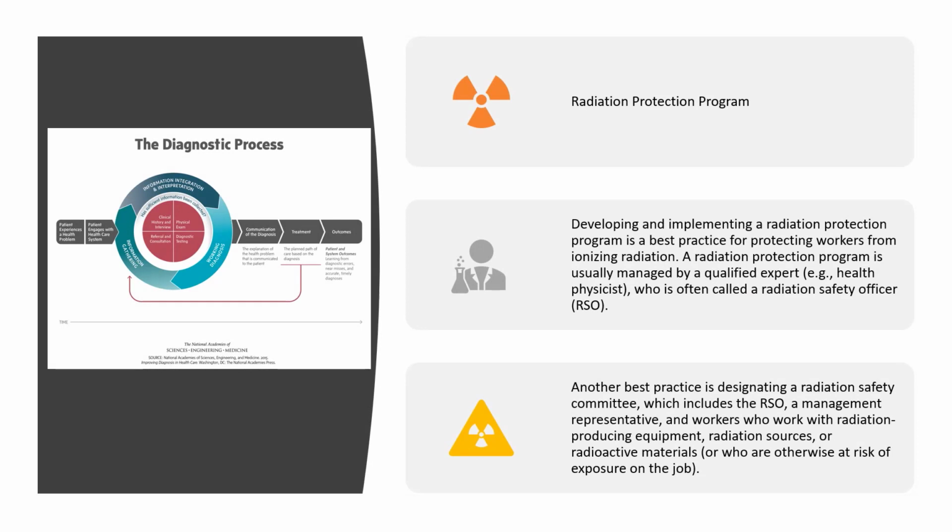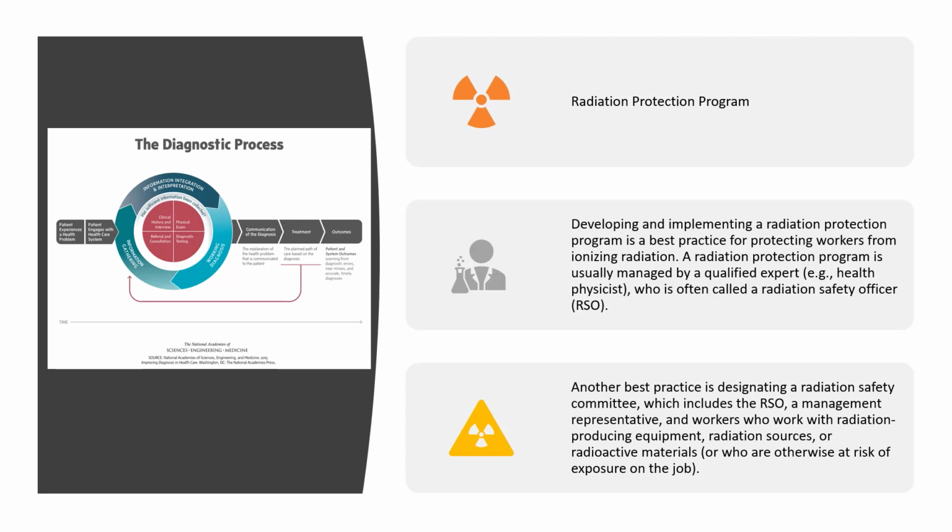In the diagnostic imaging process, we require a radiation protection program. Developing and implementing a radiation protection program is a best practice for protecting workers from ionizing radiation. A radiation protection program is usually managed by a qualified expert, such as a health physicist or a radiologist, who is often called a radiation safety officer, or RSO.